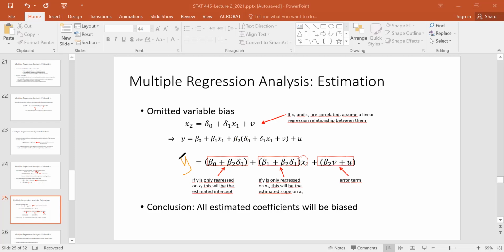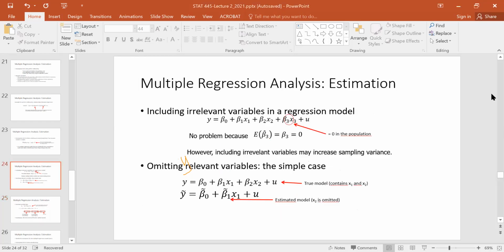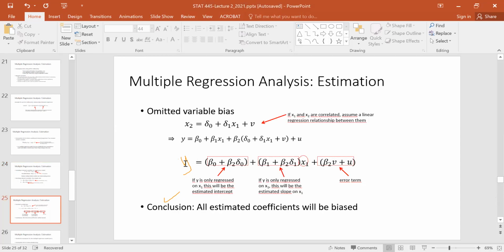Whenever you run a regression of y on only x1, like our erroneous model was suggesting, you are not actually getting beta 0 hat. You are going to get something in addition, beta 0 hat plus beta 2 hat delta 0 hat, something like that. So you are not getting beta 0 hat. You are getting something else, which is biased. It's beta 0 plus something.